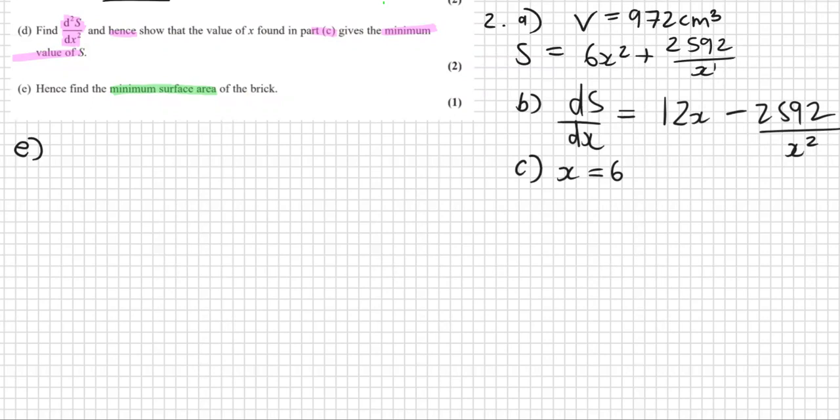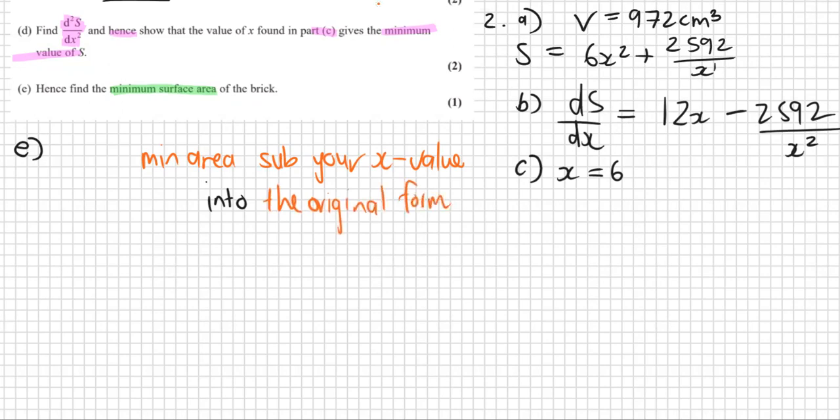And we do that by subbing your x value, the x value that you got from working out the first derivative equal to 0, into the original formula for area, which in this case was our S formula.